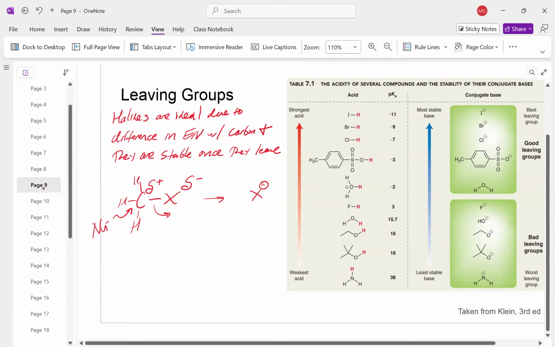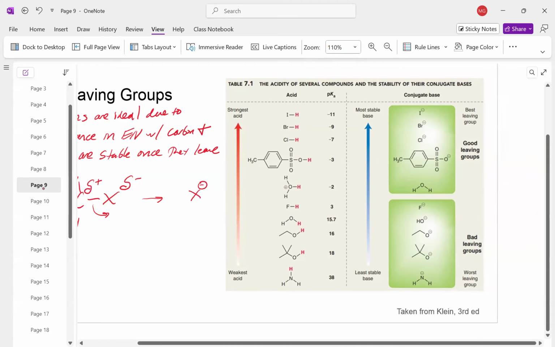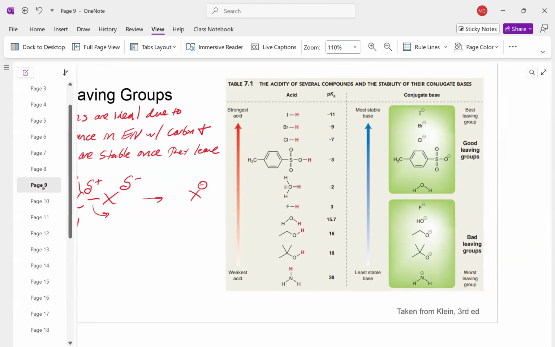Now, it's very important to know what's stable when it leaves and what's not stable once it leaves. As I spoke about earlier, there's a direct relationship between the type of base that anion is once it leaves and how good of a leaving group it is. The best leaving groups are the conjugate bases of a strong acid.